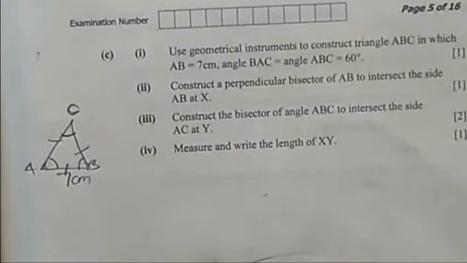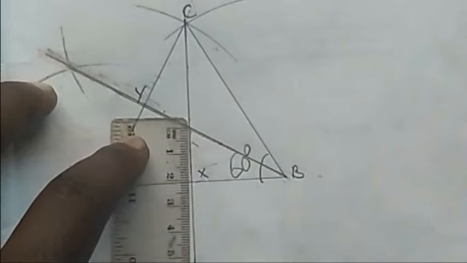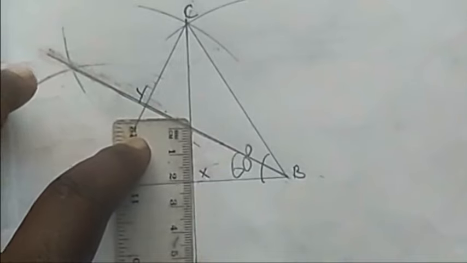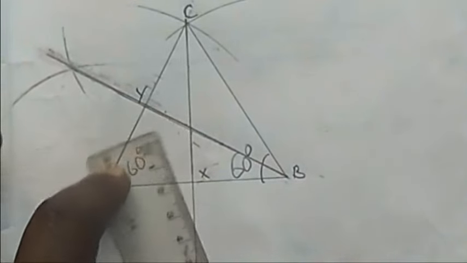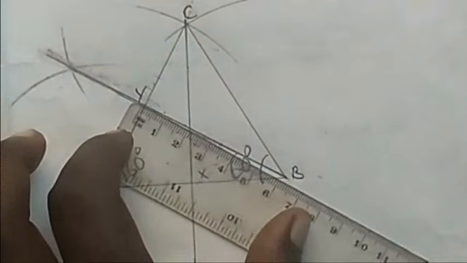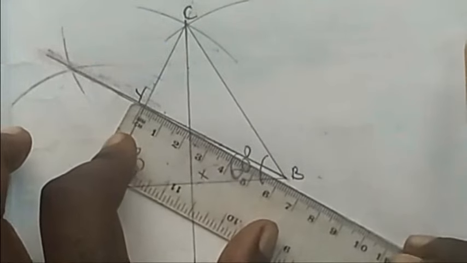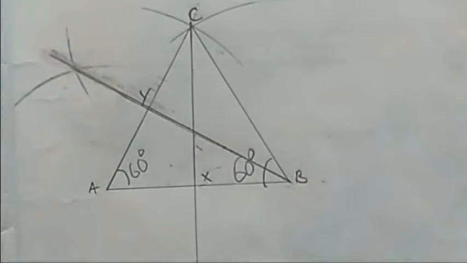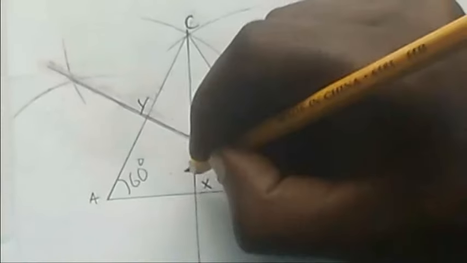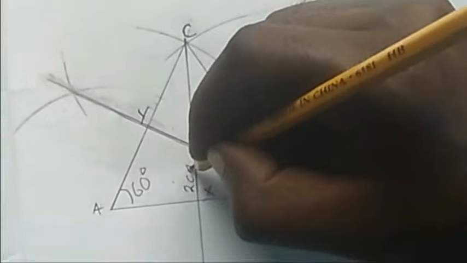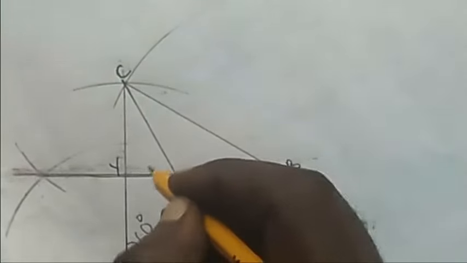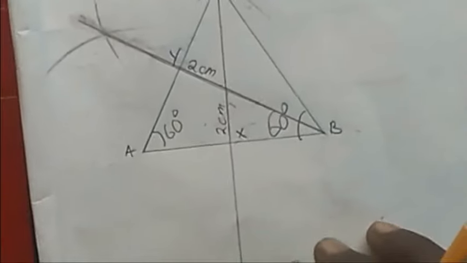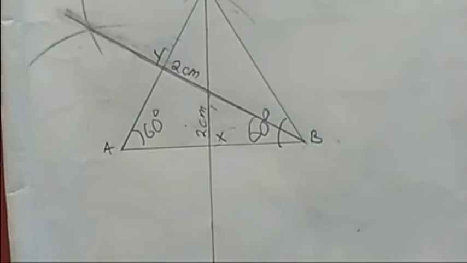What is the reading of this length? That is approximately 2 centimeters. So when we measure XY, the measurement is about 2 centimeters. We can write 2 centimeters here, and here also 2 centimeters. So that is basically the two measurements of that line.